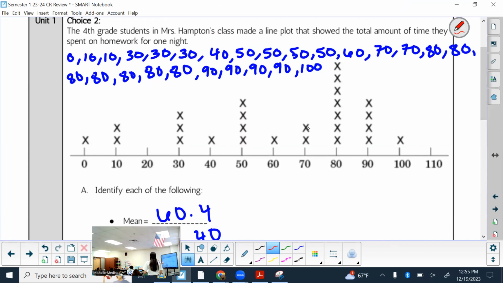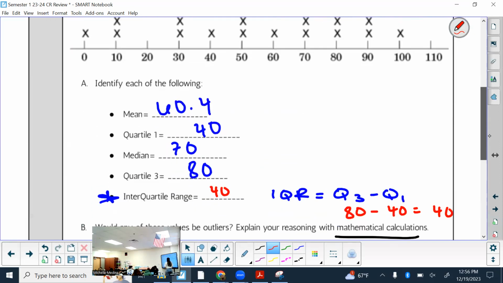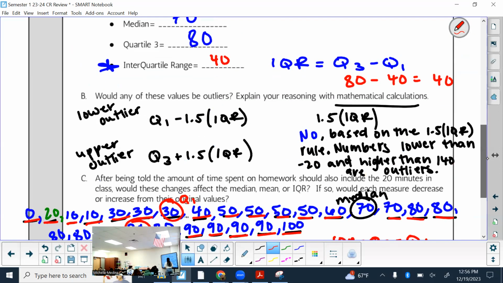My data seems pretty good, there's not one that's way far from the rest of it. At least it doesn't look like it. But to support that with math, you would have to use this rule, which I wrote down. It's the 1.5 times IQR rule. Your outliers would be anything that's 1.5 times the IQR greater or less than your data.